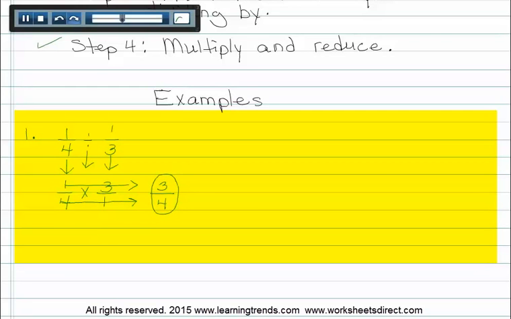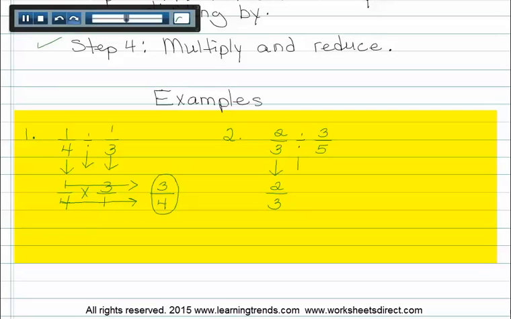Let's try another example. Example number 2. And here we're going to take 2/3 and let's divide that by 3/5. So we're going to follow our steps. Step 1 says keep our first fraction, which is 2/3.